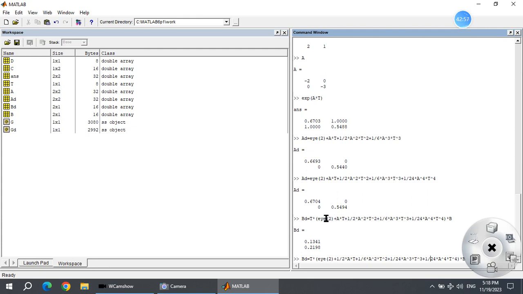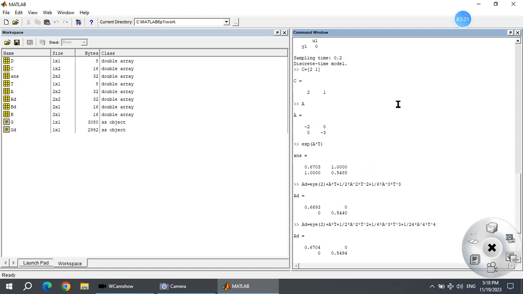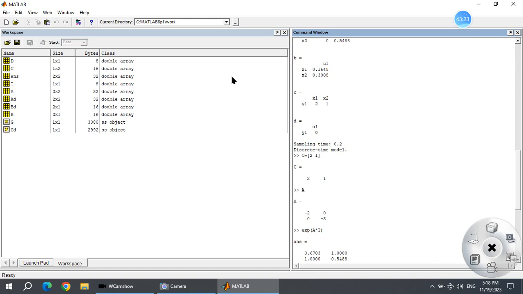And 24, we need to times another, this will be, let me see, this is times of 5, this is 120, right? 120, factorial of 5. Okay, I think this time will be good. 1648 and 3008. Yeah, just this. You see, 1648 3008.